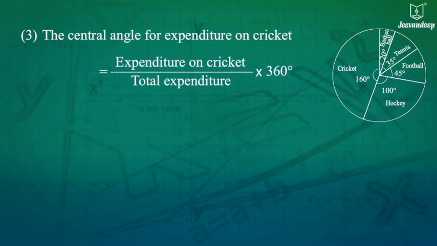Therefore, the amount spent on hockey is 20,000 rupees. 3. The central angle for expenditure on cricket is given by expenditure on cricket upon total expenditure multiplied by 360 degrees.